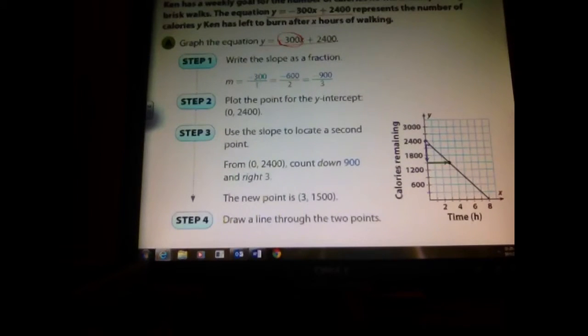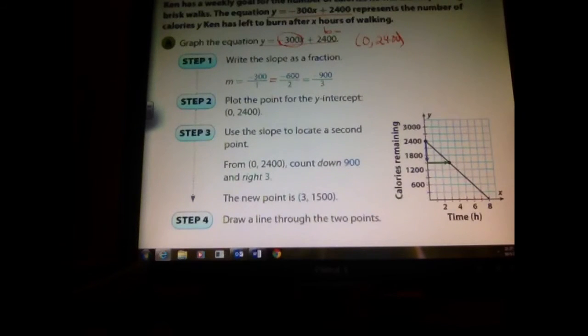Rise over run. What they said is they found some equivalent fractions. So negative 600 over 2, multiplied times 2, and negative 900 over 3, multiplied top and bottom times 3. All three of these equal m because they're all equal. My b is 2400, so my starting point is (0, 2400).